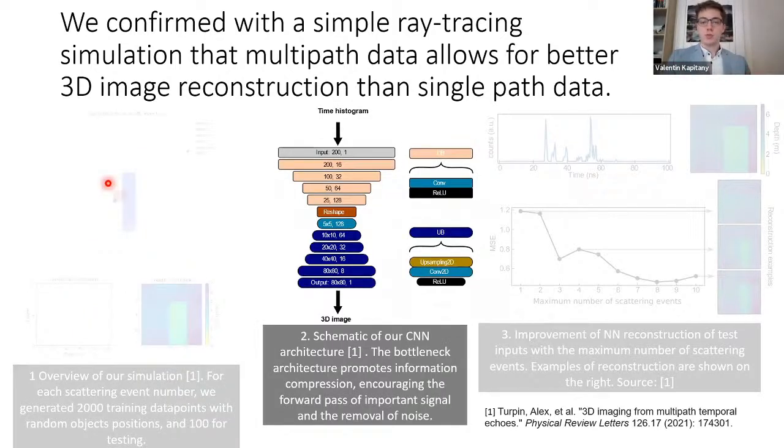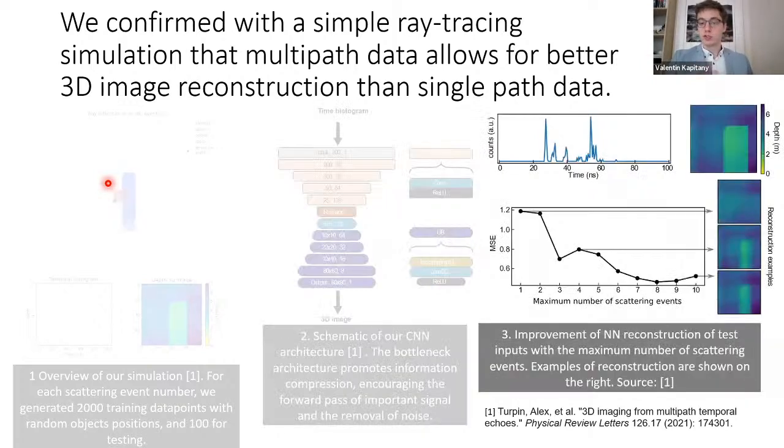With these 10 data sets, we train 10 neural networks, CNNs, to take the temporal histogram and output the 3D image. The architecture is a very straightforward CNN with a bottleneck shape, which is meant to promote information compression that would remove some noise and hopefully pass on only the signal that we're actually interested in. And with our 10 neural networks trained, we can then predict the 10 test datasets.